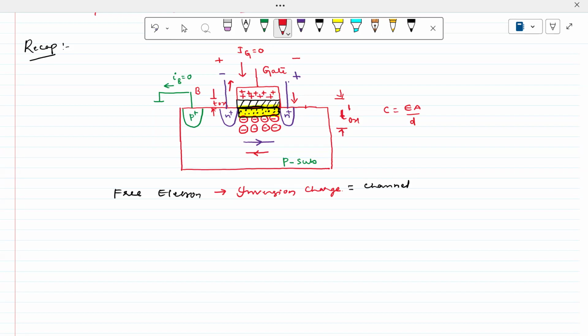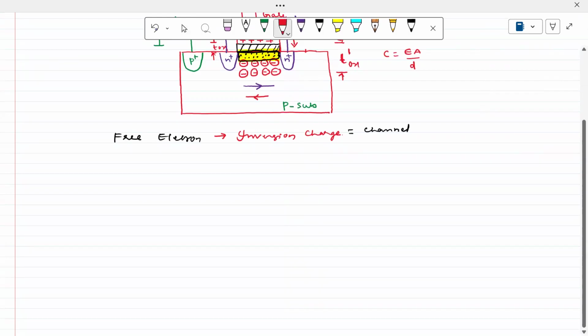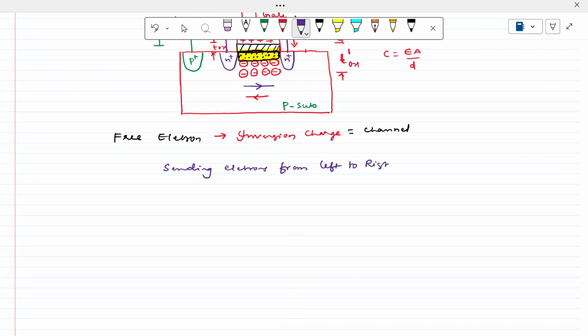Suppose you are sending electrons from left to right. Then the left terminal is called the source.